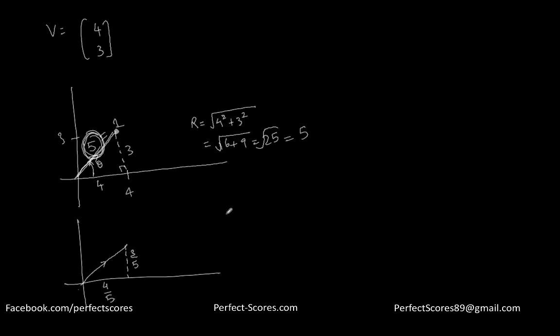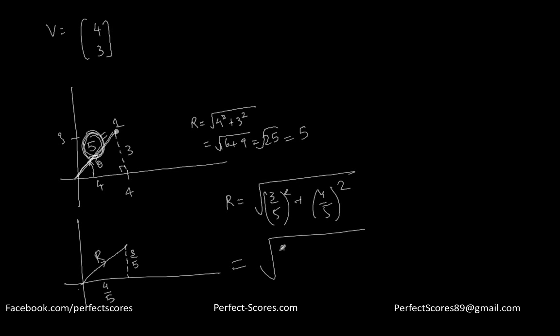Now why do I do that? Because if you try to find the resultant value here, what will you get? You will get square root of 3 over 5 whole square plus 4 over 5 whole square, which will be equal to square root of 9 plus 16 over 25, which will give you square root of 25 over 25, which will give you a 1.